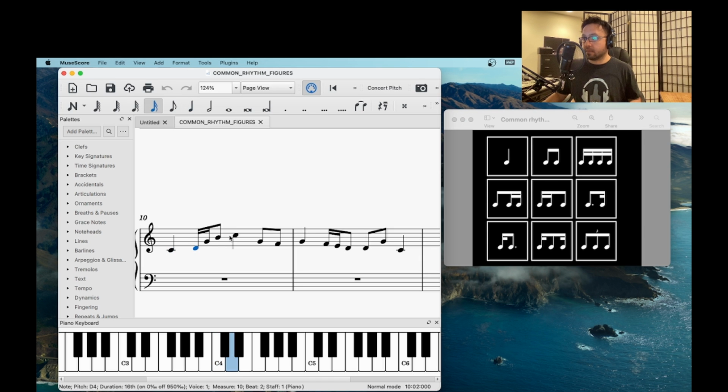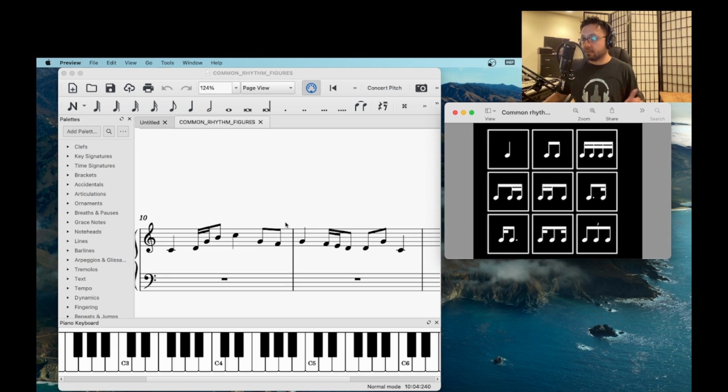Then I have beat 2, beat 3, and beat 4. So I have 3 more beats to fill. I don't have to fill them in, but I'm just making a melody for the sake of example. So the next one, I'm using the 2/16 and 8th note.